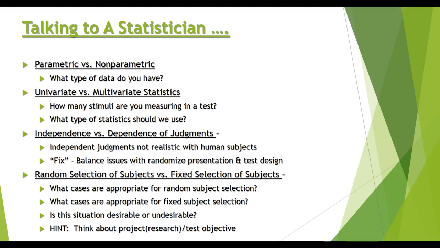When you talk to a statistician, here are some considerations. Is it parametric or non-parametric? We've talked about this before. It's based on the scale. Univariate or multivariate statistics? If you're asking just a question on texture, that's univariate because you're examining one variable. When you do all attributes, so appearance, aroma, overall liking, flavor, texture, aftertaste, those are multiple variables, and you need multivariate statistics.